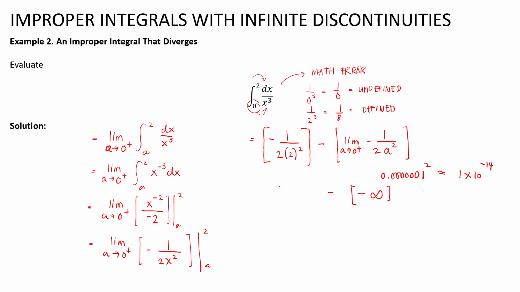So minus, and then this gives us negative 1 over 8. So negative 1 over 8, and then minus minus, this gives us plus infinity. Even if you subtract negative 1/8 from infinity, the answer is still infinity, and this is diverging.